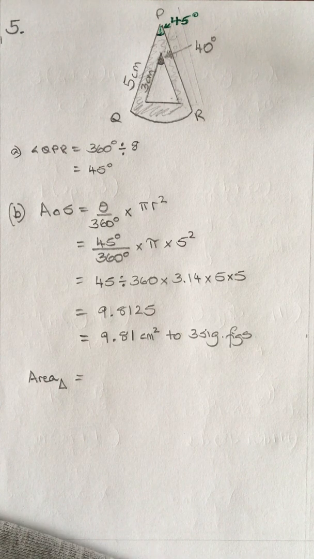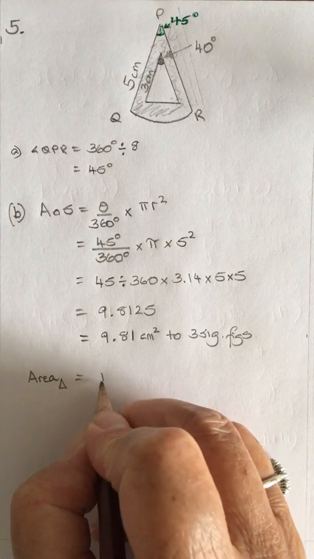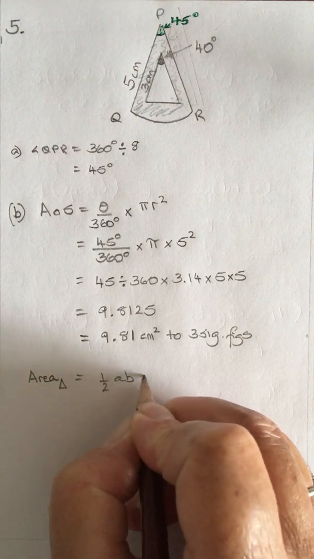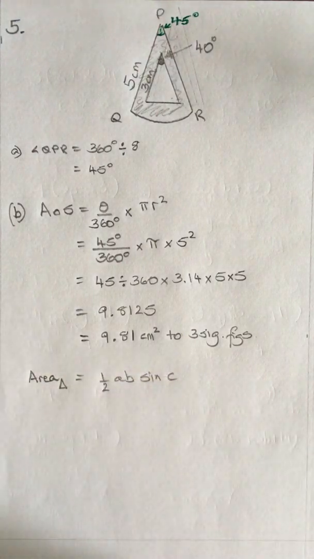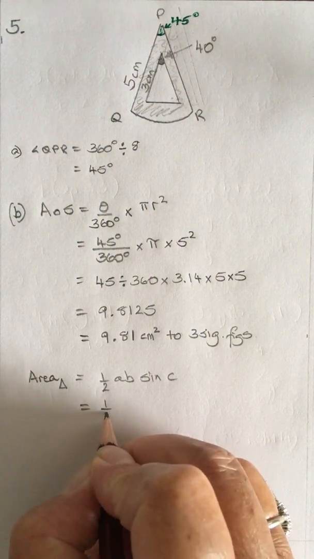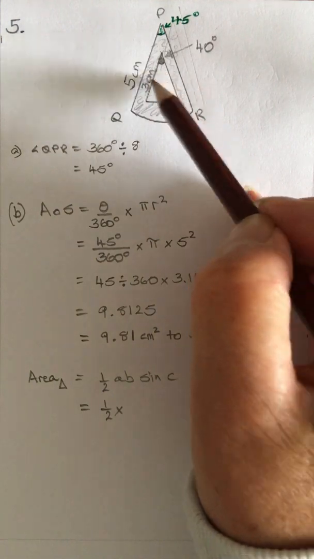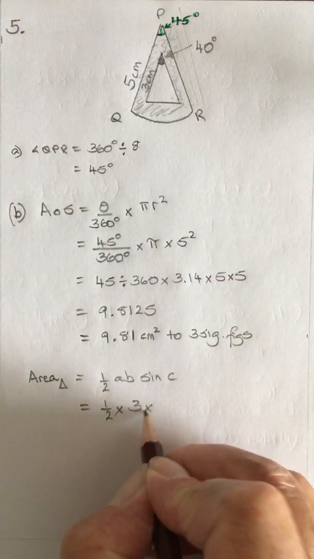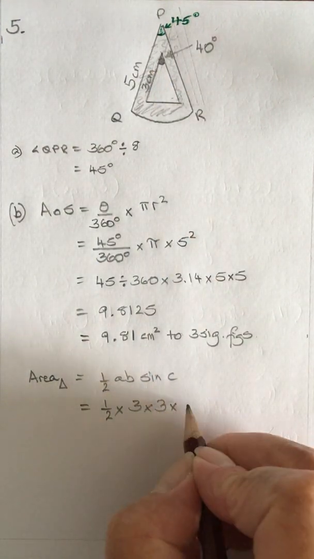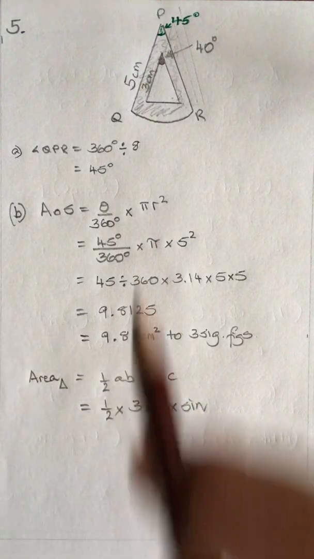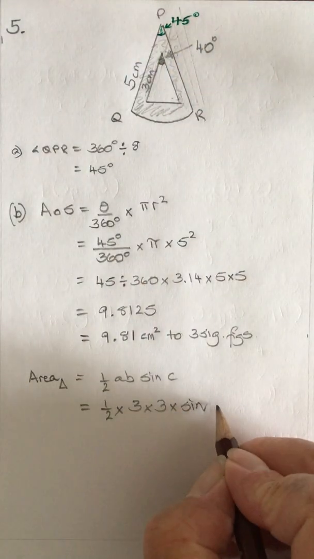And area of a triangle using further trig is a half AB sine C. Okay, so you're going to do a half times AB. Well, you've got two sides here that are both 3 centimetres. So A is 3, B is 3, and then you get sine of the angle, and the angle here is 40 degrees.